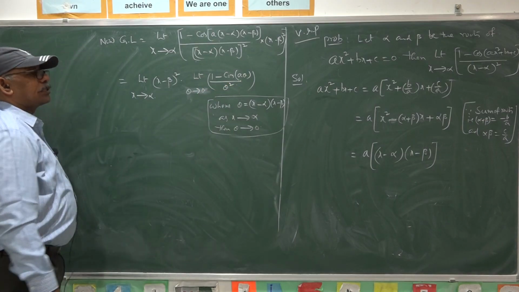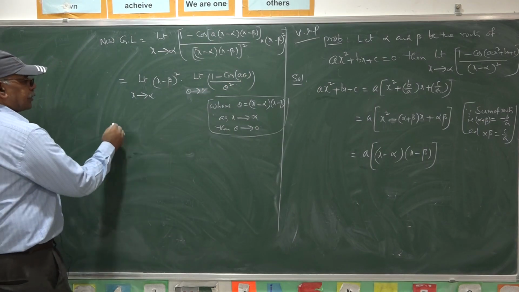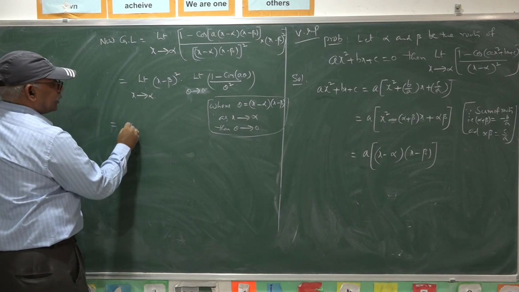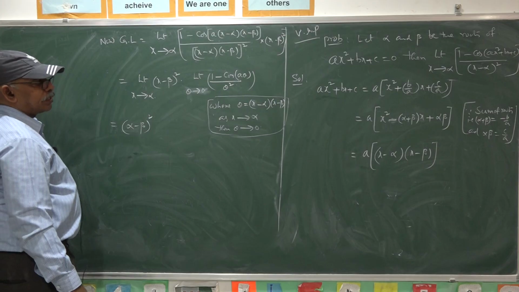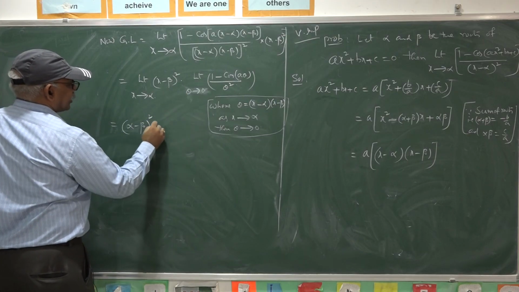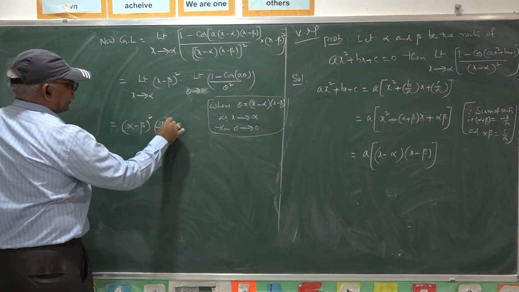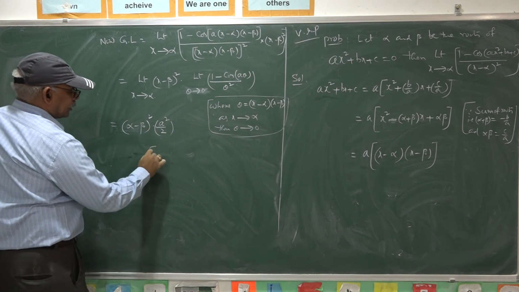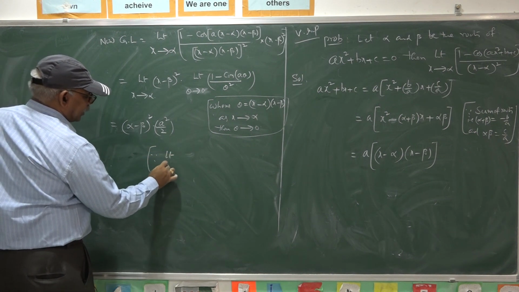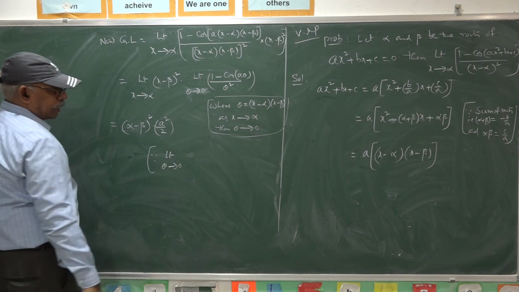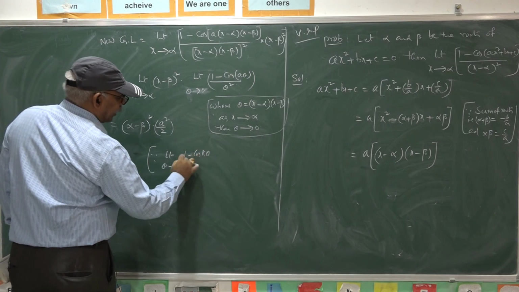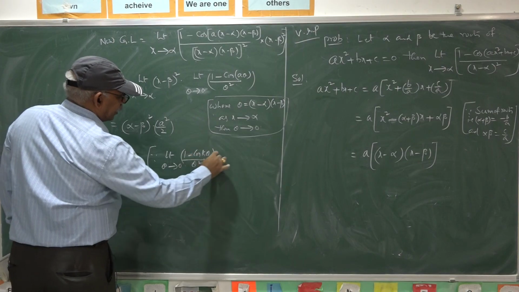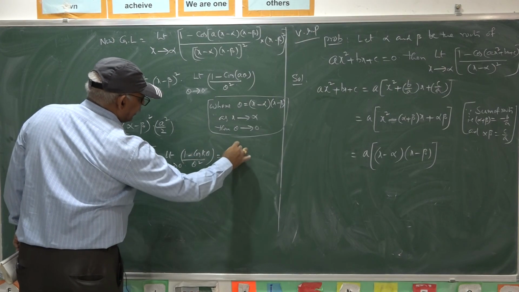1 minus cos a theta by theta square is, by formula, a square by 2 itself. This one is alpha minus beta by substitution. Straight away you get (alpha minus beta) whole square. Our formula is: limit as theta, measured in radians, is nearing 0, of 1 minus cos k theta by theta square is k square by 2 itself.